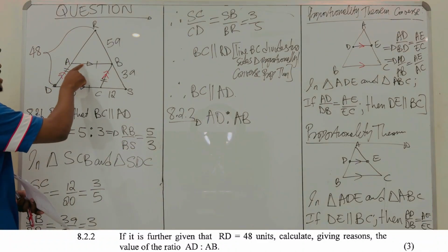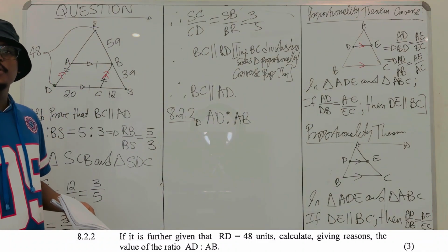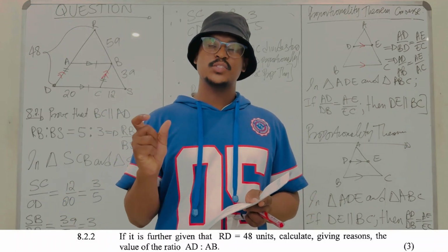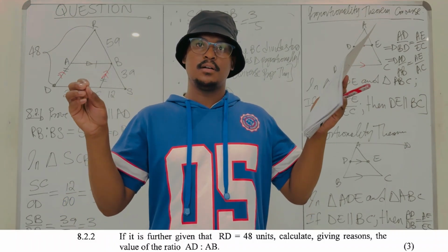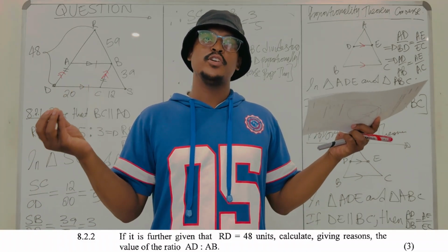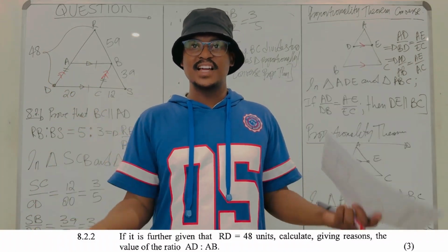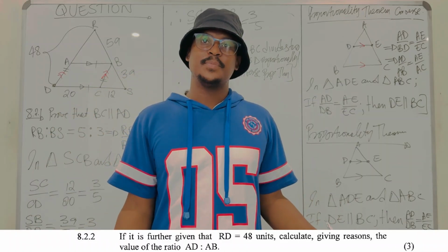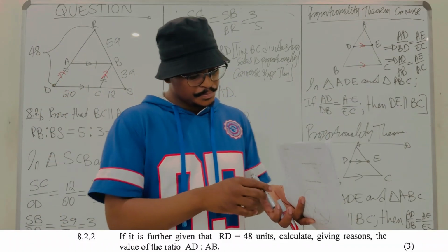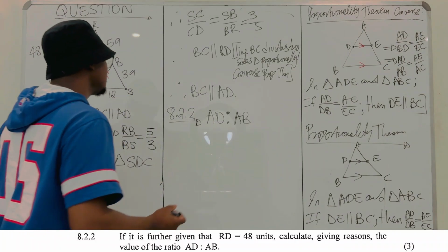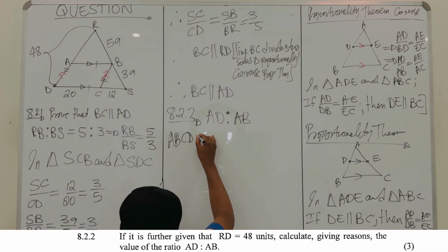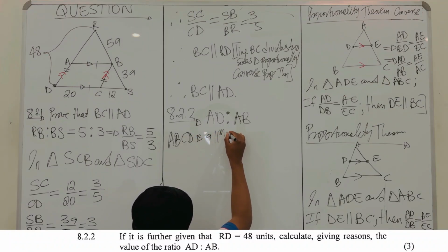DC is equal to 20, which means we know that AB will be the same as DC, because the opposite sides of a parallelogram are equal. Think of a square, for example. A square is a parallelogram, and you know for a square that the pairs of opposite sides are equal. A rectangle is a parallelogram, a rhombus is a parallelogram, and all other shapes that are parallelograms, right? No problem. So in this case, you can say ABCD is a parallelogram. Why?